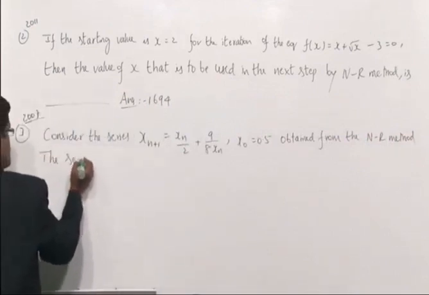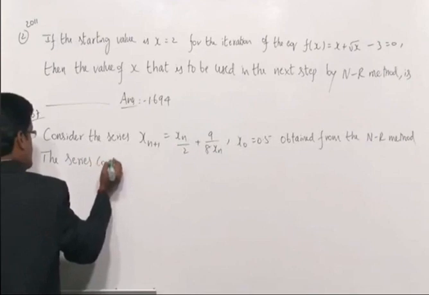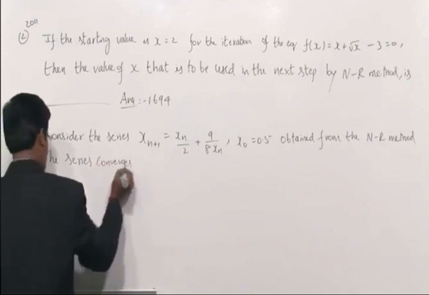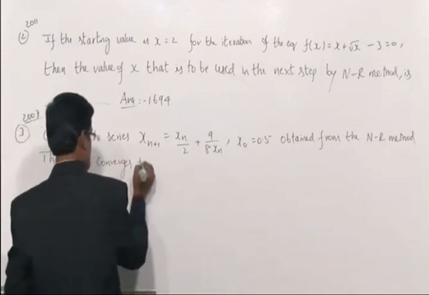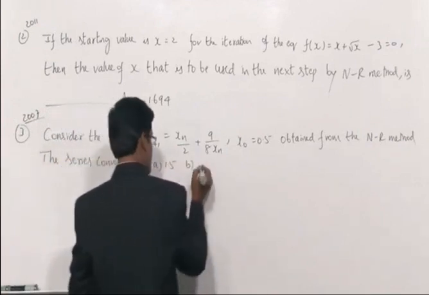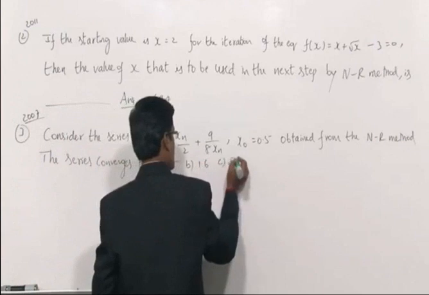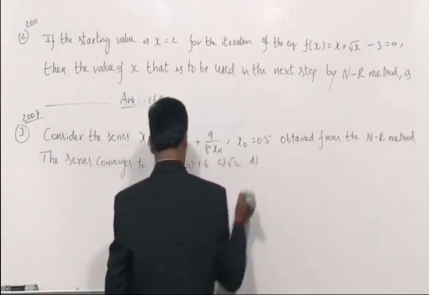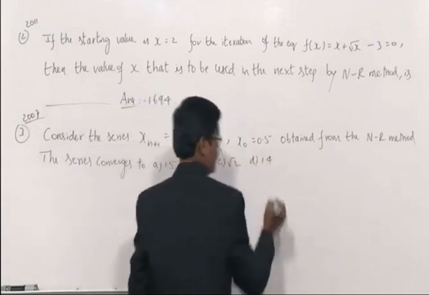The series converges to A 1.5, B 1.6, C root 2, D 1.4.